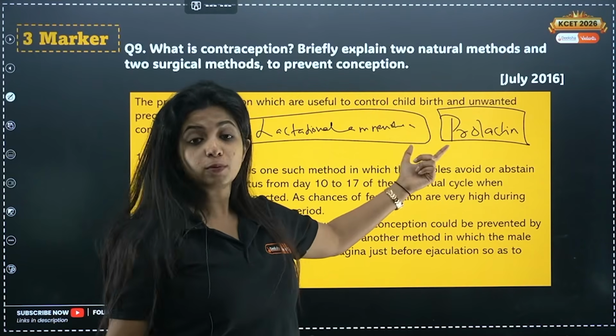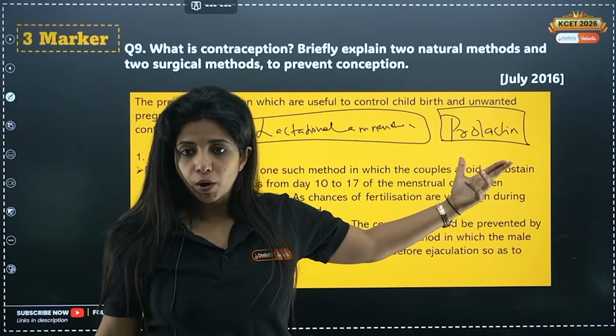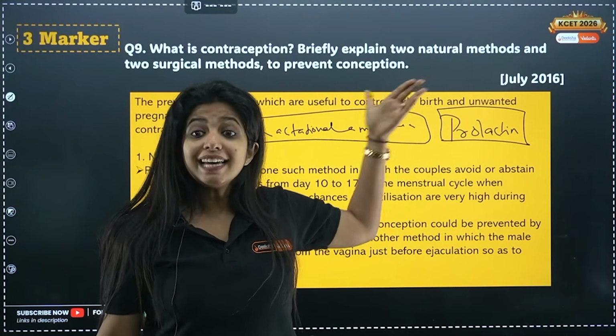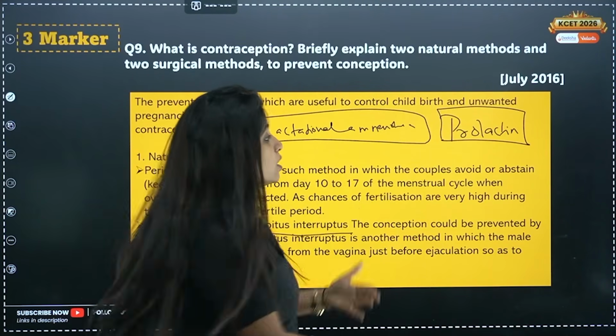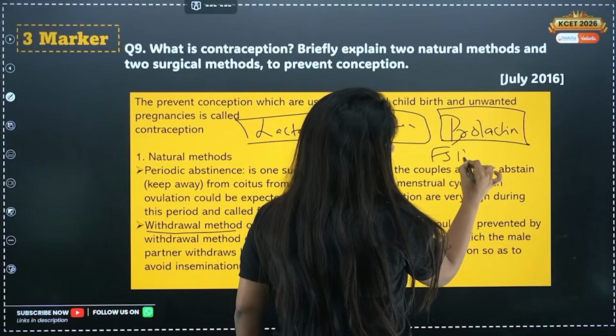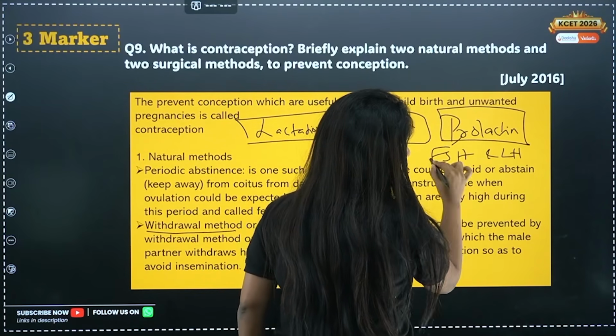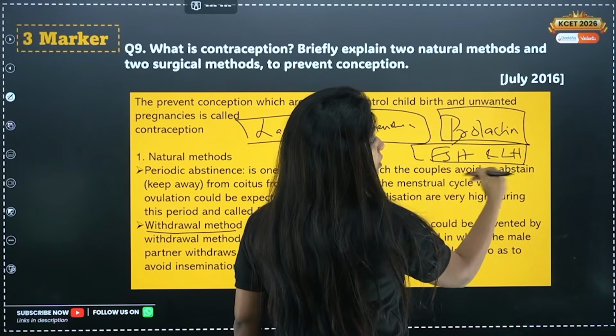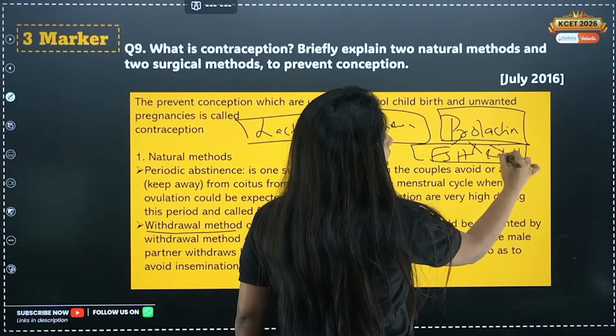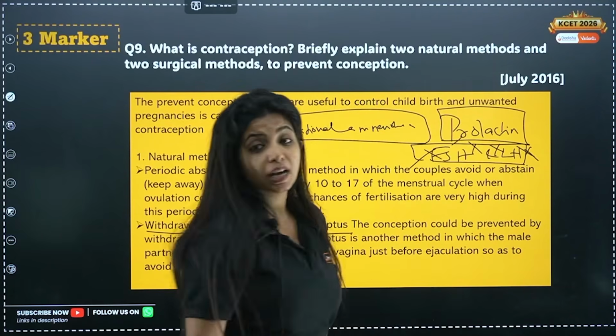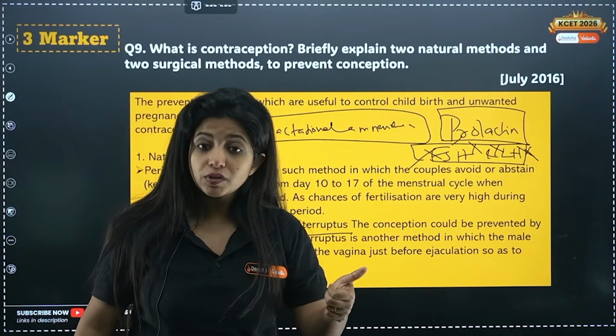Now, since this hormone level is super high in her body, it inhibits FSH and LH, follicle stimulating hormone and luteinizing hormone. It does not allow them to increase, which is why their level will be very, very down. If their level is down, ovulation is not going to happen.